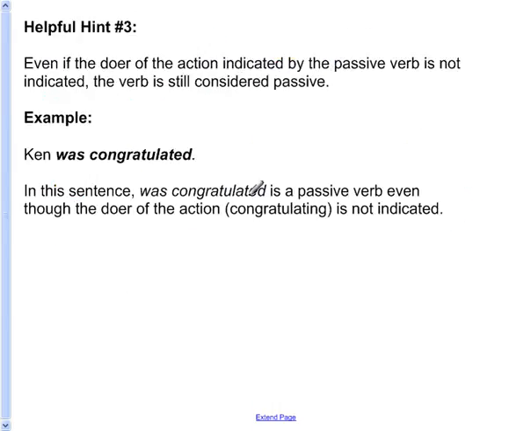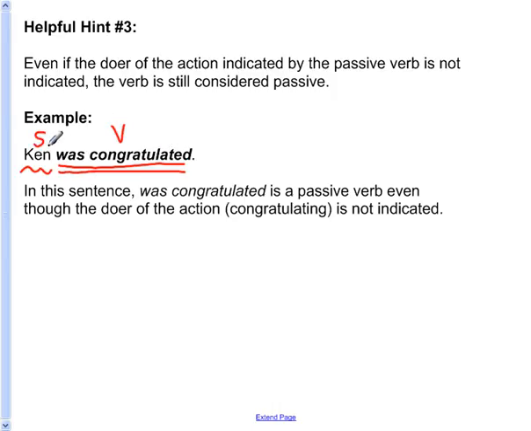Helpful hint number 3. Even if the doer of the action indicated by the passive verb is not indicated, the verb is still considered passive. Let's look at an example. Ken was congratulated. Was congratulated is the verb here. Ken is the subject. We've got some congratulating going on in this sentence.